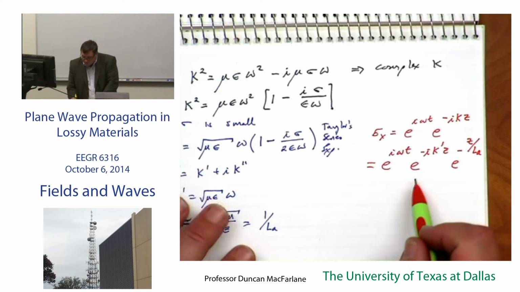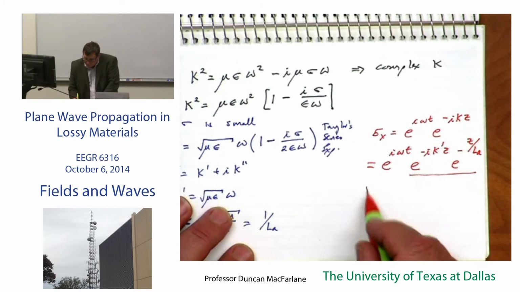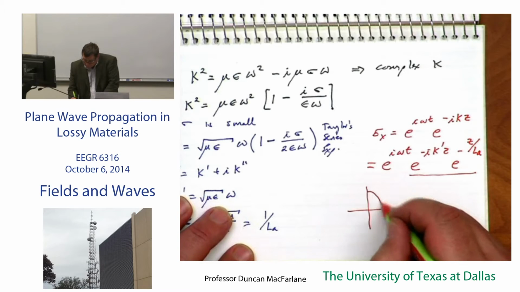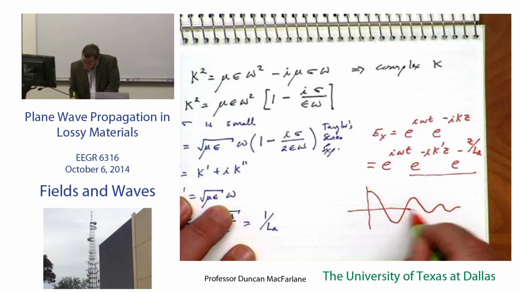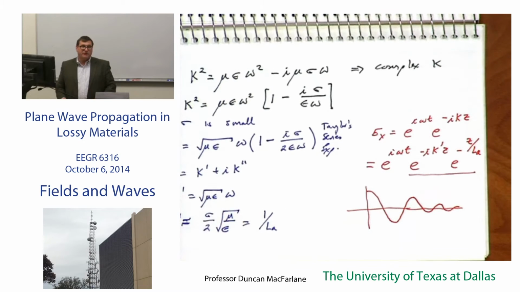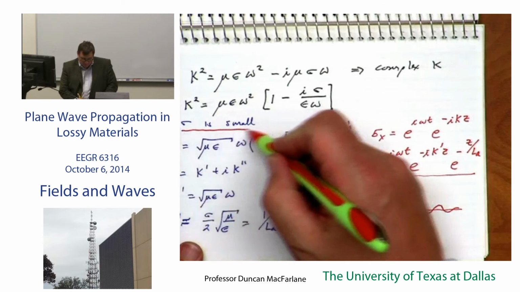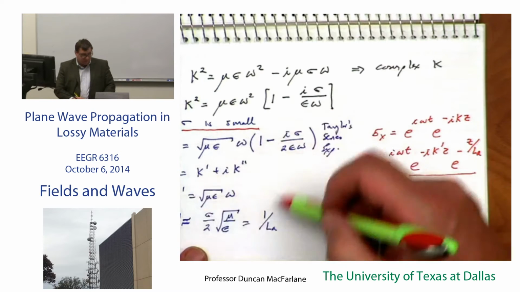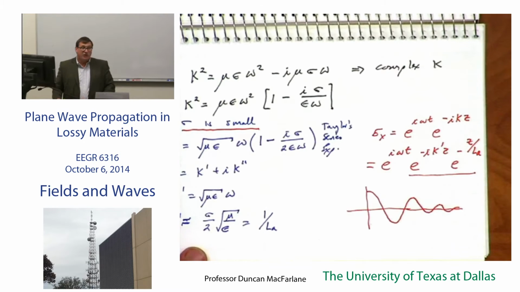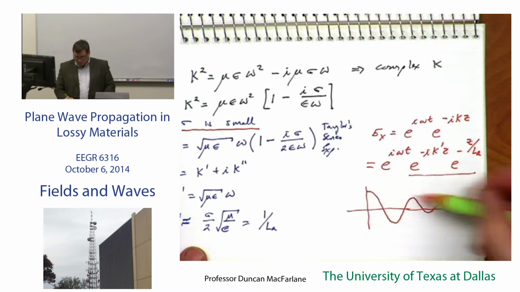If I sketch these two terms, I have a decaying exponential, but because of this requirement here, I've greatly exaggerated the exponential decay. Typically for these kinds of systems, you'll go hundreds of wavelengths before you see an appreciable drop due to this real exponential.